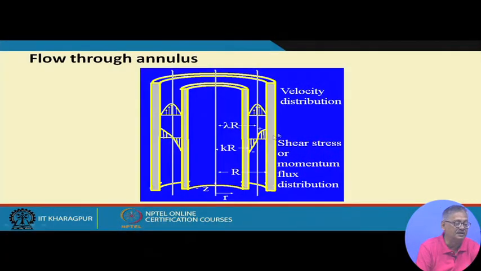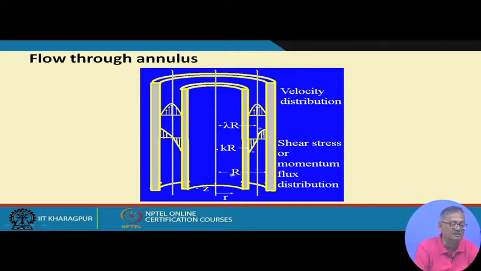So, we are taking this as the annular flow, and in this let us take the axis at the center, and we have one outer radius R, and inner radius a multiple of R, say kR, right. Obviously, from the physical understanding, k has to be less than 1, otherwise kR will not be less than R, right.